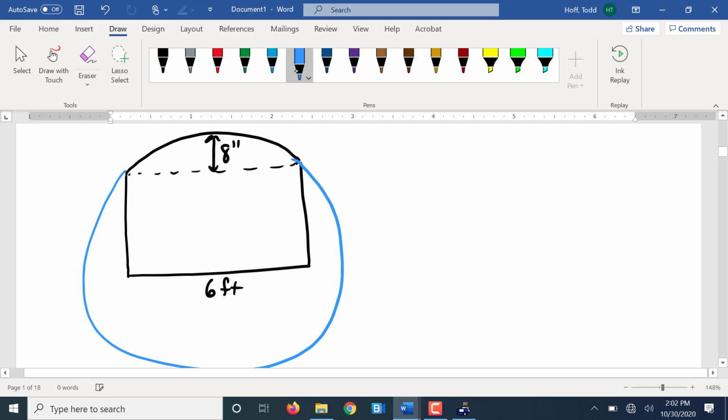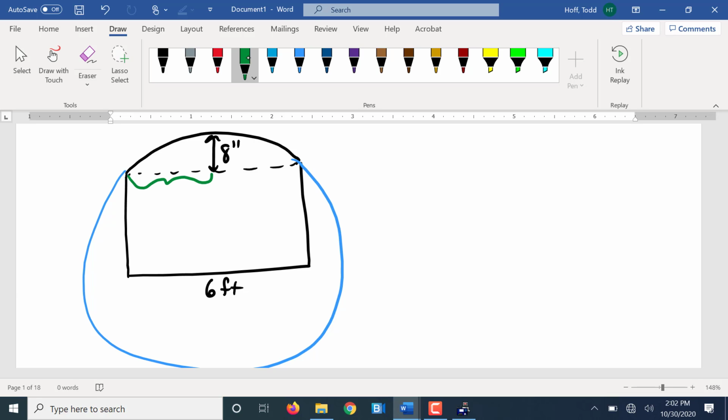Pretend that looks like the rest of the circle. We know that height is going to be at the middle, so that cuts that into 2 3-foot pieces. Well, how many inches are in 3 feet? 36. So since the 8 is in inches, we want this in inches as well.